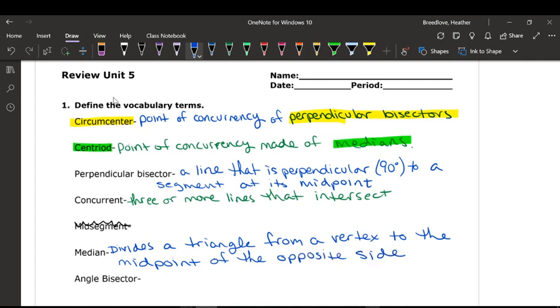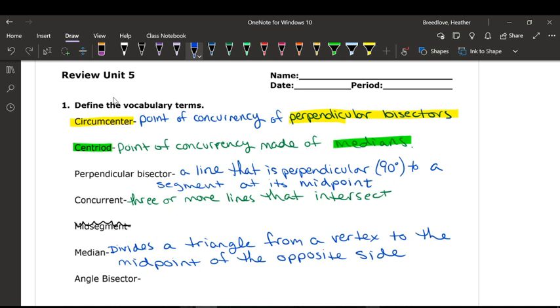So again, not just anywhere on the opposite side, but exactly in the middle of the opposite side. And it connects to the vertex. So the vertex from one side connects to the midpoint of the opposite side. There can be 3 medians in every triangle because there are 3 vertices in every triangle.